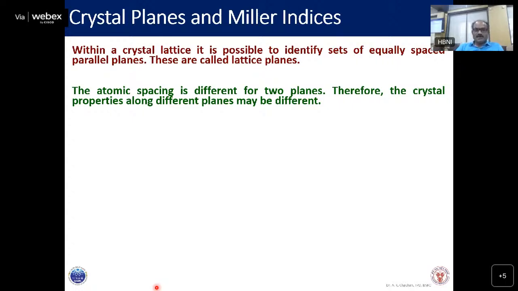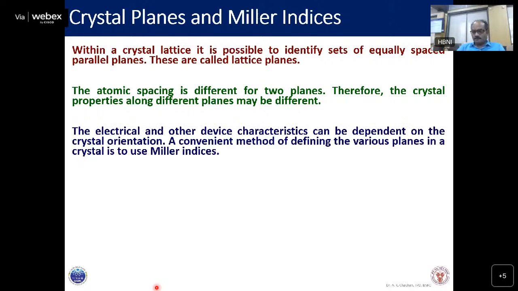The atomic spacing is different for different planes. Therefore, the crystal properties along different planes may be different. Many device properties are direction dependent because the interplanar spacing in different directions is different. The electrical and other device characteristics can depend on the crystal orientation.